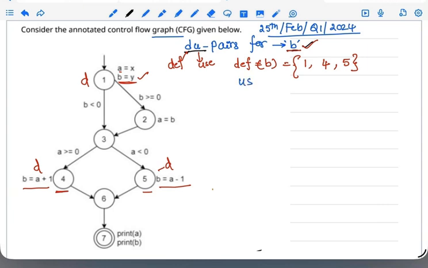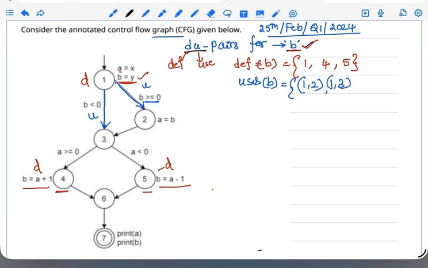What are the uses of variable b? Uses of b are where the variable b is used in the control flow graph. At the edge 1 to 2, b is used, that is b greater than or equal to 0. And at the edge 1 to 3, b is used, that is b less than 0.